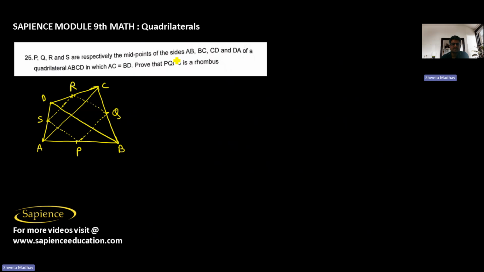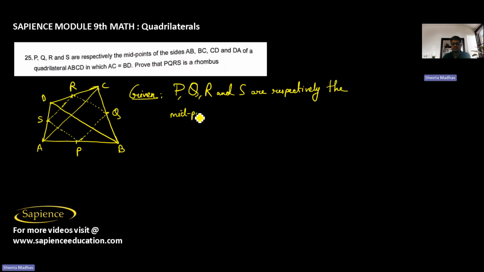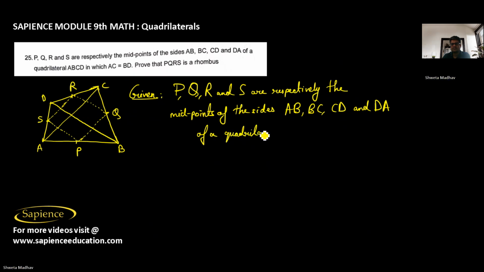So here it is given that P, Q, R, and S are respectively the midpoints of the sides AB, BC, CD, and DA of a quadrilateral ABCD in which AC equals BD.